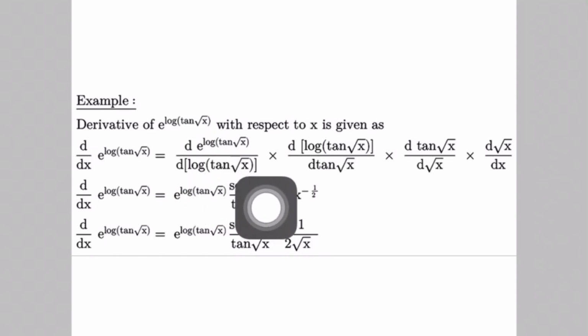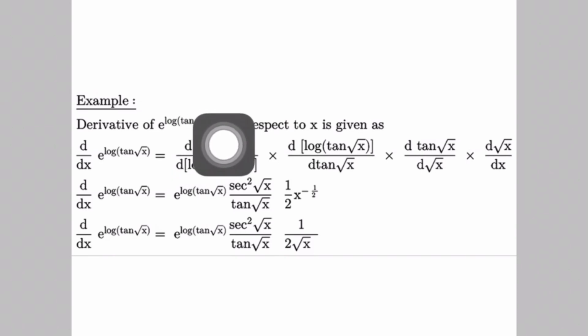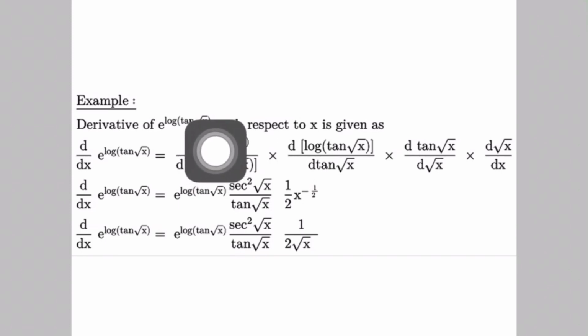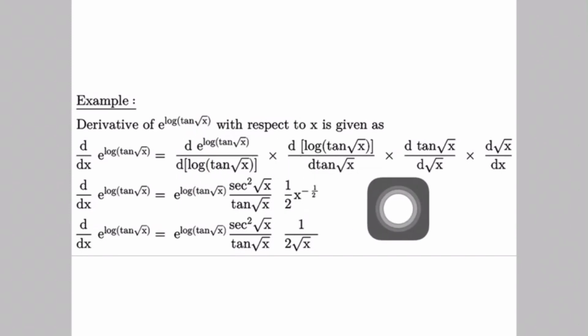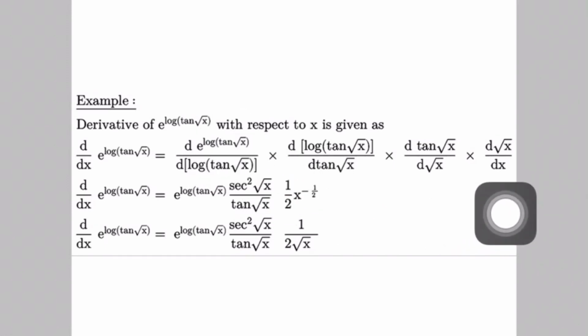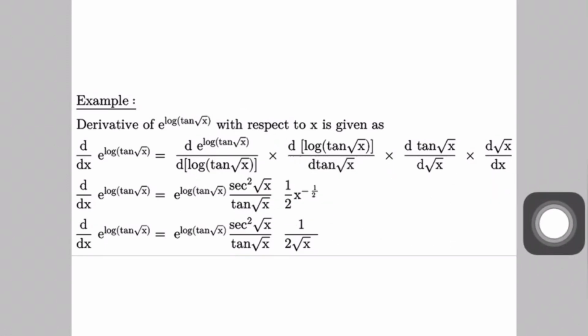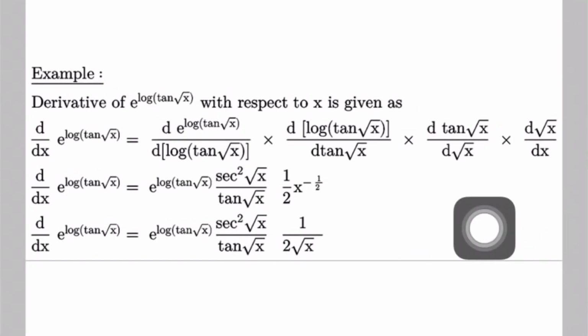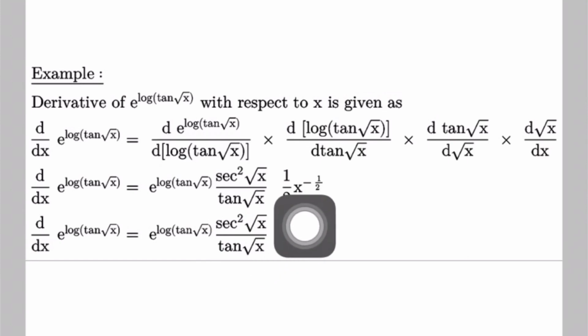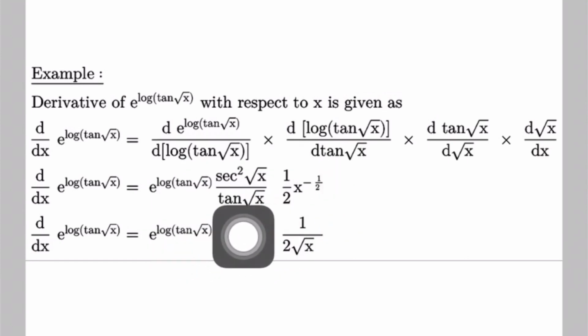Then you find the derivative of log tan root x with respect to tan root x, then the derivative of tan root x with respect to root x, and then the derivative of root x with respect to x. After finding all these derivatives, we multiply these factors, and after multiplying, what we get is this.